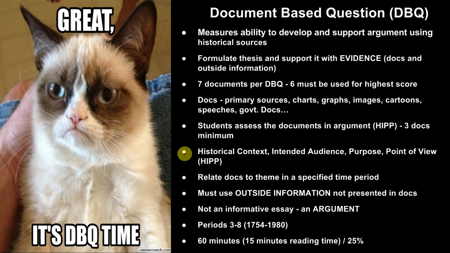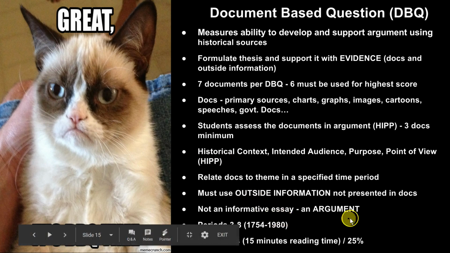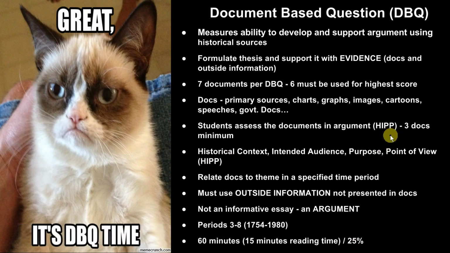You can do 20 minutes on the LEQ and 80 minutes on the DBQ if you wanted to. I think it's more important to spend more time on the DBQ simply because the value of a DBQ, we're looking at 20%, 25% of the overall exam score versus 15% of the LEQ.